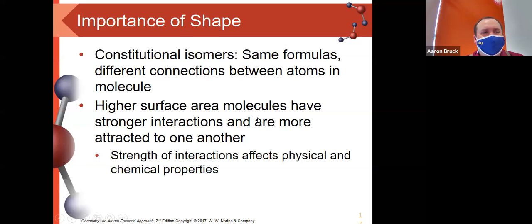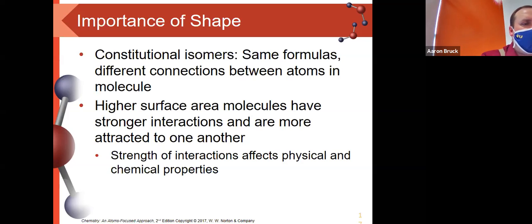We can also see this in the form of shape. What we have are something called constitutional isomers. These are things that have the same chemical formula, but their arrangement in three-dimensional space and shape is different because of different kinds of bonding that exist.